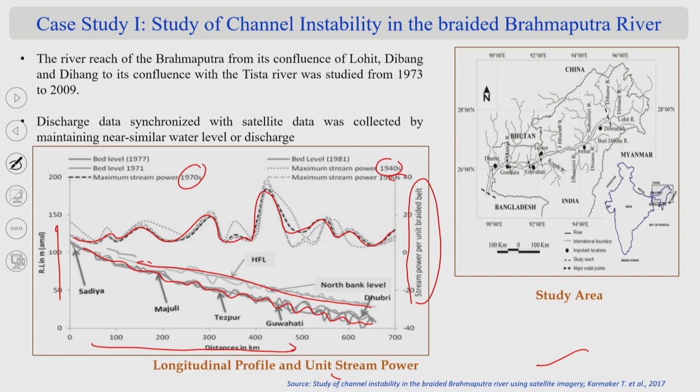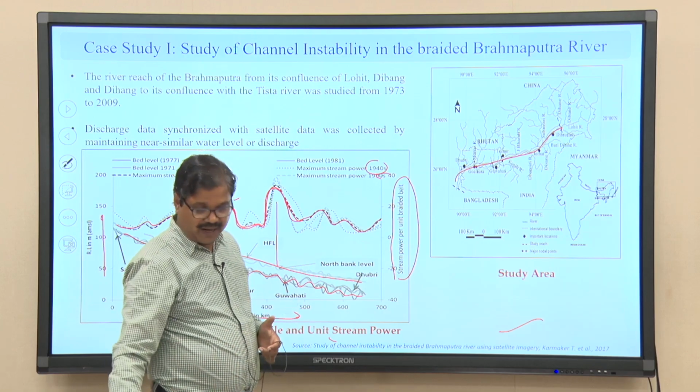As I am giving the example of the 700 kilometer length of the Brahmaputra river, from Sadia to Dhubri, you can see the stream powers, the energy dissipations, the potential energy difference per unit width. That is a very interesting slide indicating how these energy dissipations happen, because it is all related to the sediment transport mechanisms.